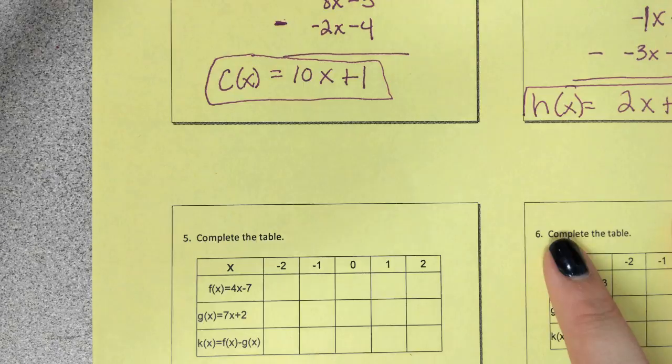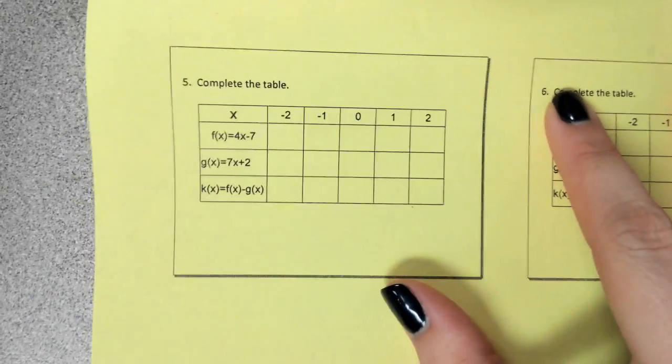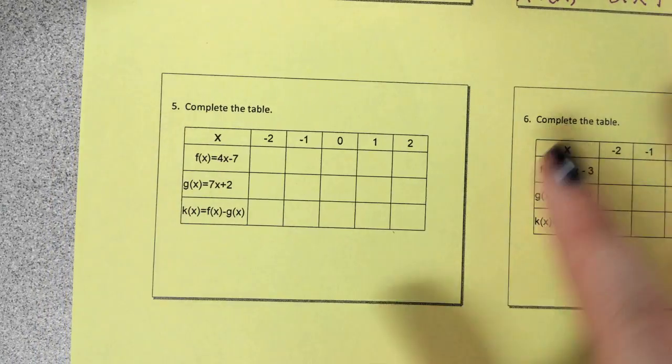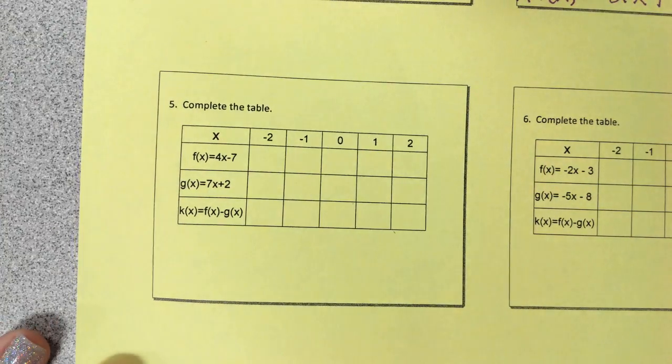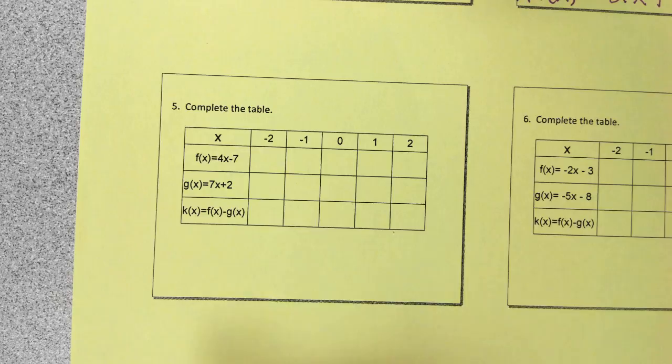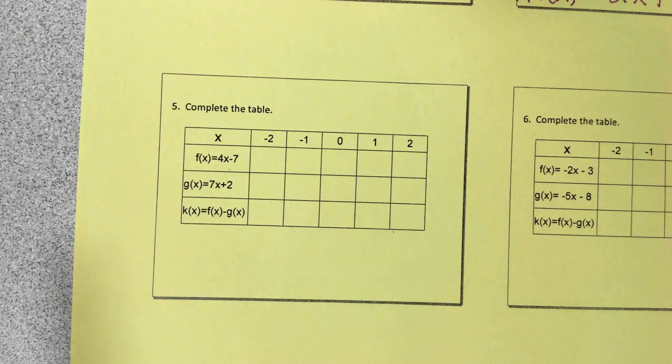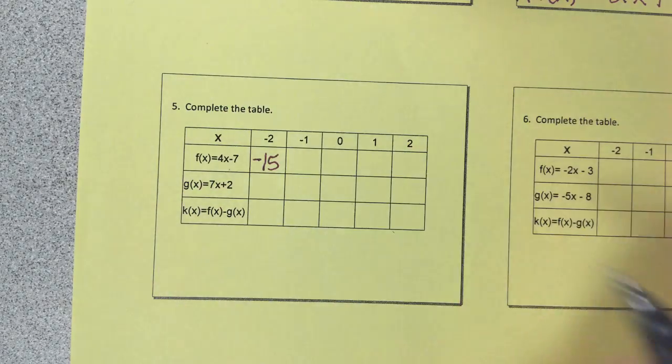Alright, 2 more left. These two look very familiar to what we were doing in class yesterday. Again, we're just completing that table. Sorry if it's a little crooked on the screen. So you're going to fill in your table. So we've got the 4x minus 1. Plug that in your calculator, and your y equals. Go find when x is -2, and look and see what your y value is, which is -15.